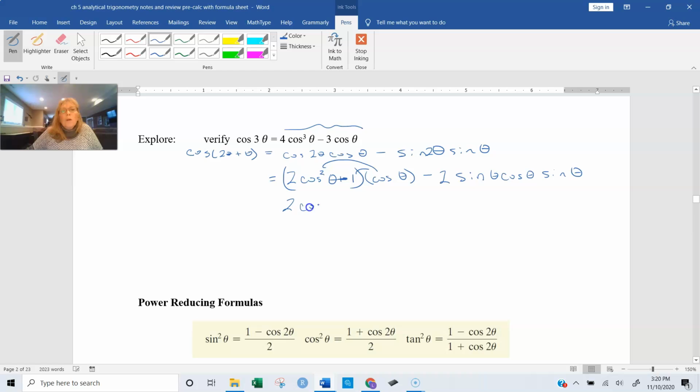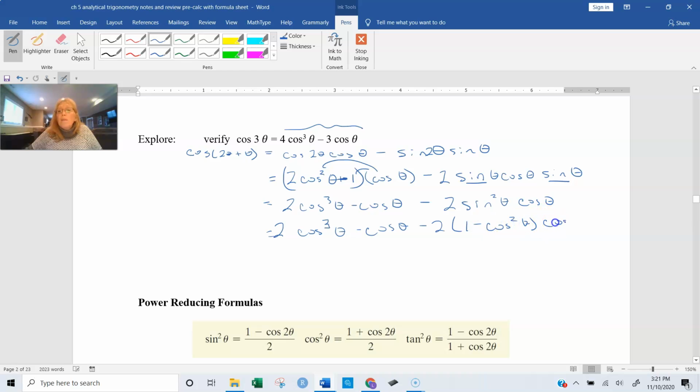So this is 2 cosine cubed theta minus cosine theta minus, well, I know that sine times sine, we can do that. So that's 2 sine squared of theta cosine theta. Oh, look at that, isn't that pretty? Because we know that the sine squared of theta is 1 minus the cosine squared of theta. Let's write this down again: 2 cosine cubed theta minus cosine theta minus 2 times 1 minus the cosine squared of theta, times cosine theta. At least we're finally to all cosines, right?